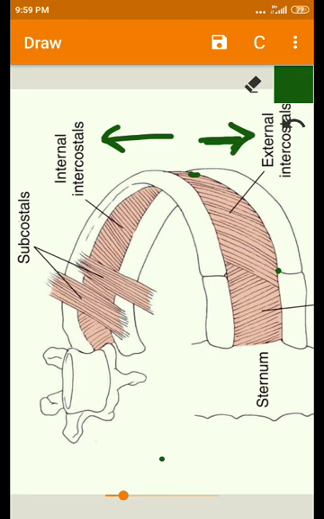So again, the ribs move cephalad more easily at low lung volumes and caudally more easily at high lung volumes. Okay. So compliance means the distensibility of a structure or a system.